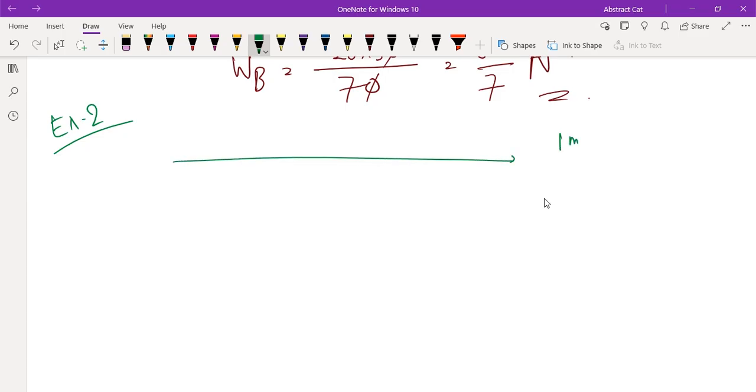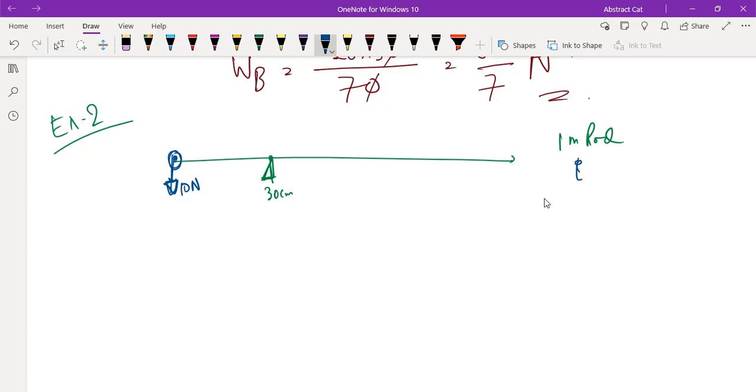Take another example, example 2. Suppose the same 100 centimeter, 1 meter rod, with the fulcrum at the 30 centimeter mark, and suppose there is a 10 Newton weight in the downward direction, and the body is in equilibrium.